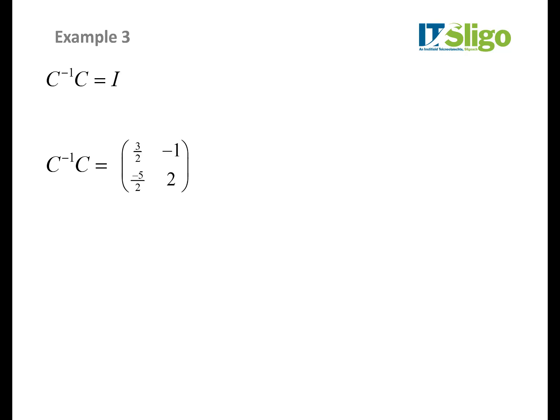So the inverse is written first, and then the original matrix. And again, top row by left-hand column gives me the top left element, etc. So just to work this one out, I always do a big rough matrix, and I'd now say 3 over 2 by 4 is 12 over 2.